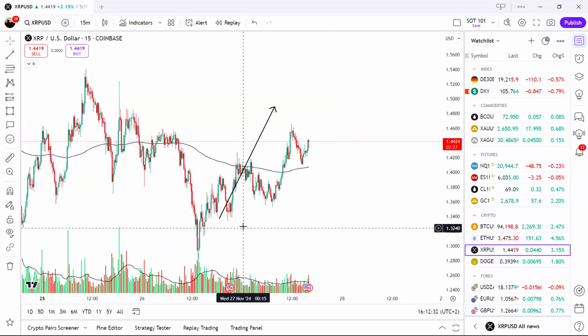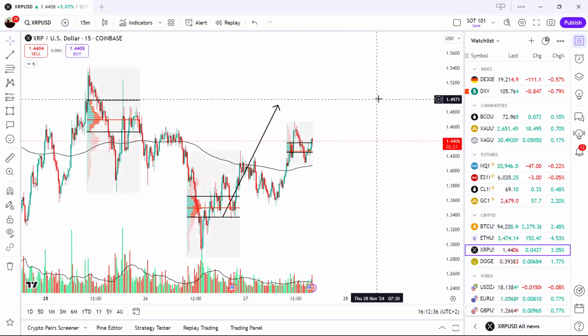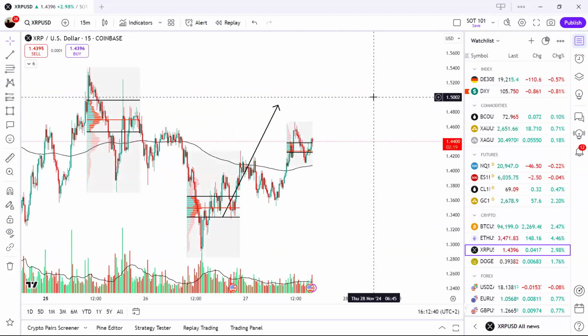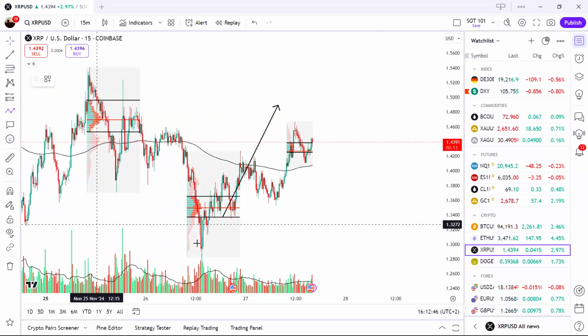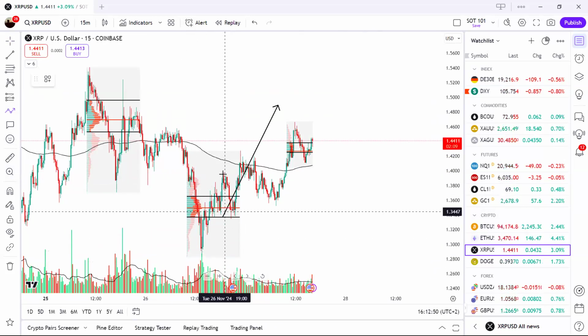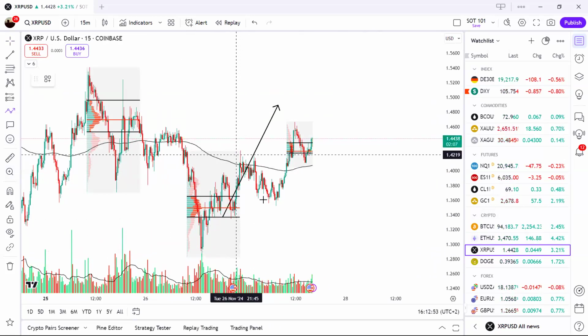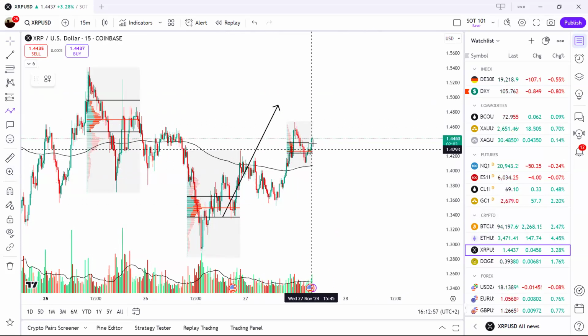Same with Ripple. Also yesterday, we wanted to see that upwards push, and we got an upwards push. We want to see a push up towards $1.50. We didn't get there yet. But also from yesterday afternoon, we created a nice little uptrend: a higher high, higher low, higher high, higher low, and we have created another higher high with another higher low.